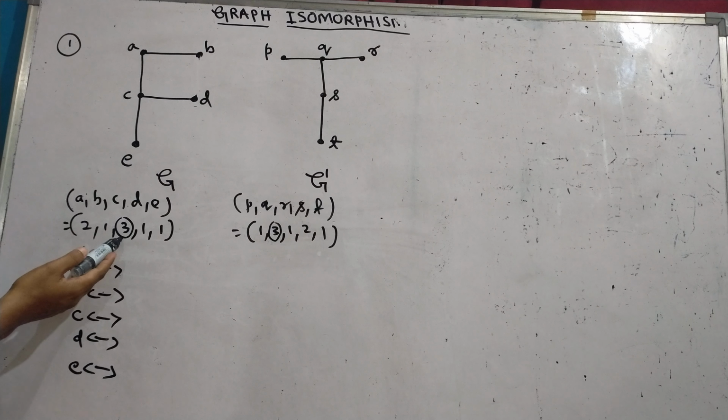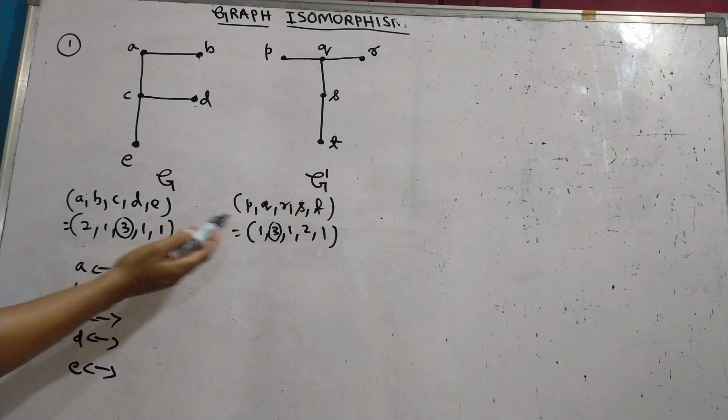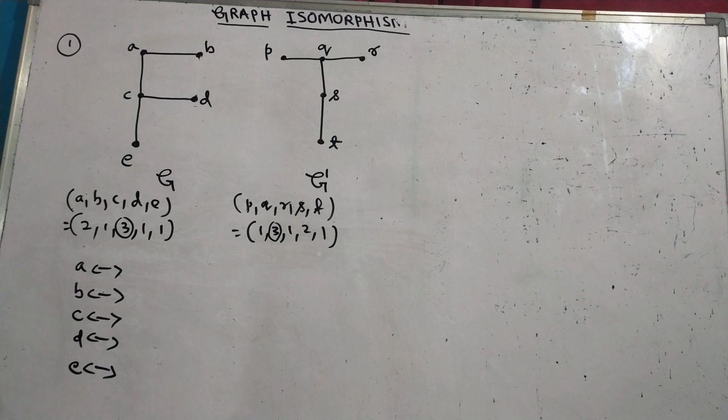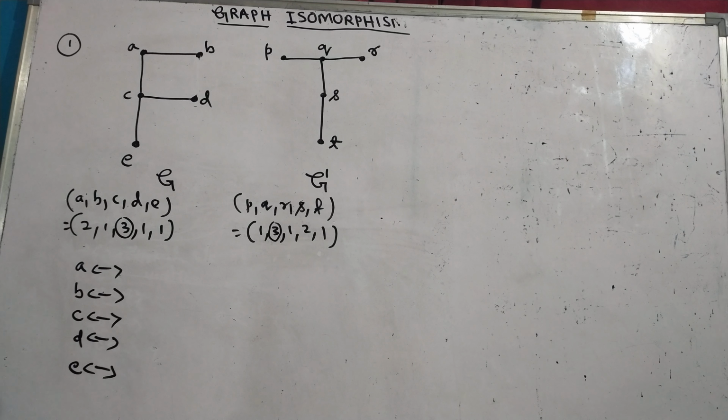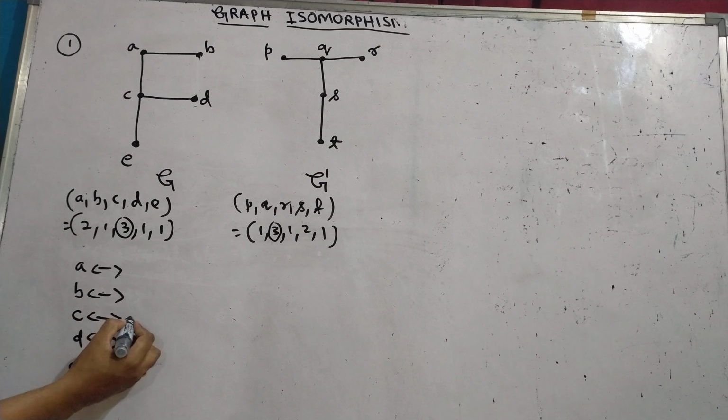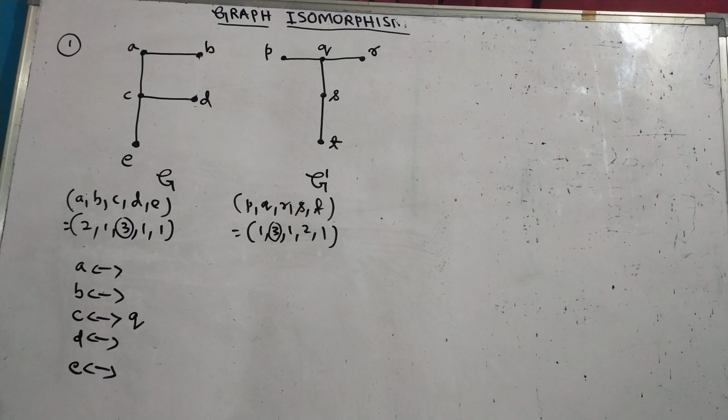Here we have only one vertex of degree 3, and here also only one vertex of degree 3. So these two vertices are in one-one correspondence: C corresponds to Q.